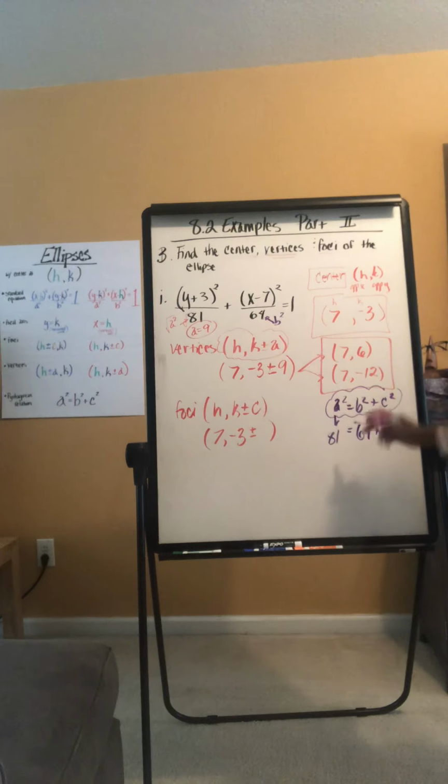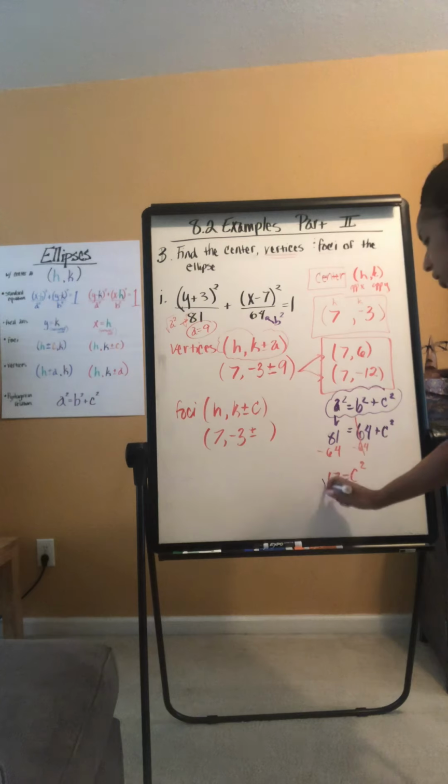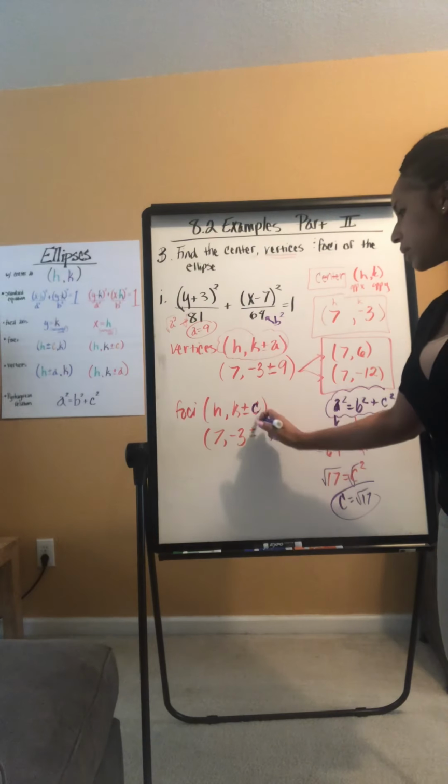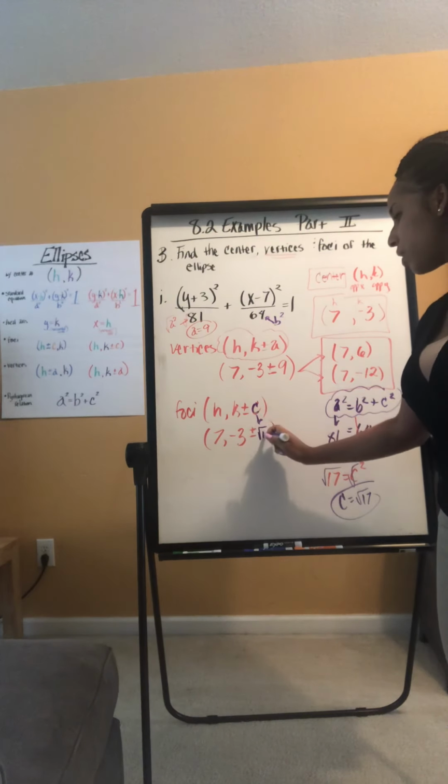So if I subtract 64 from both sides, I end up with a 17. 17 is my C squared. So 17, well, C all by itself is the square root of 17. So plus or minus C would be plus or minus the square root of 17.